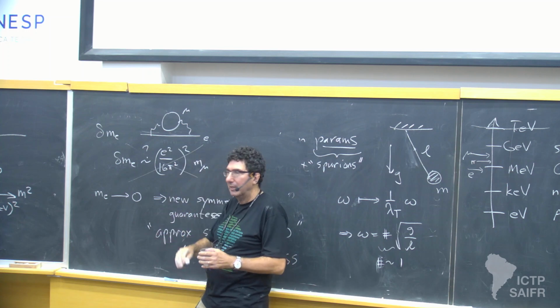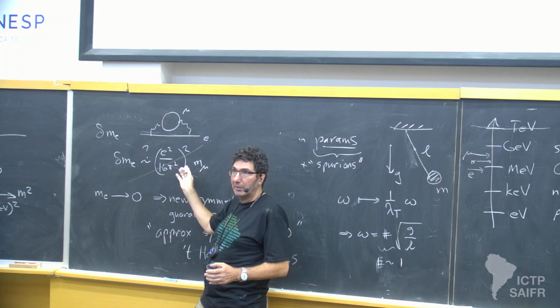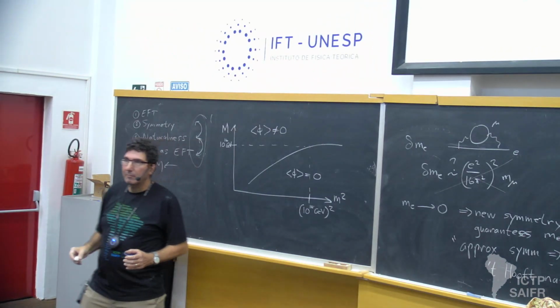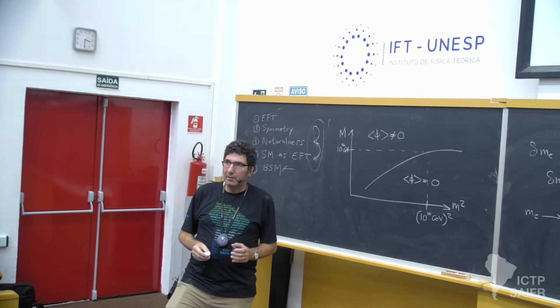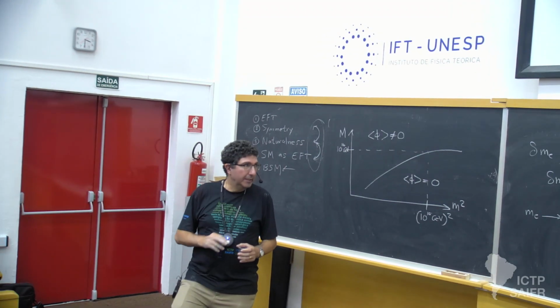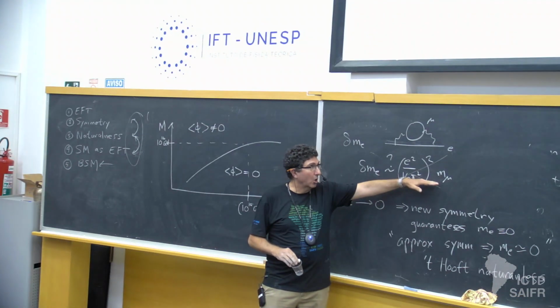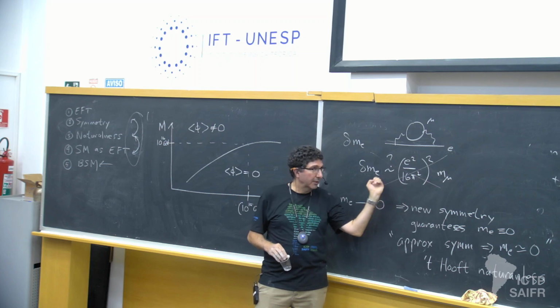In a lot of other cases, it's much more non-trivial what the spurion analysis tells you. Essentially, if you consider the mass of the electron to be a spurion, then this type of diagram is forbidden. But if it's not, any type of diagram to all orders in perturbation theory like this will not give you a correction.